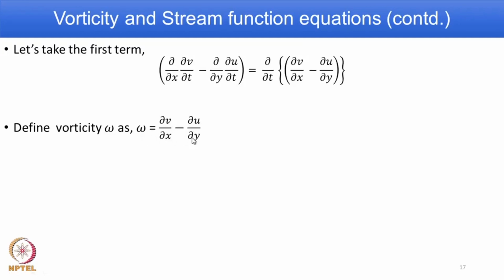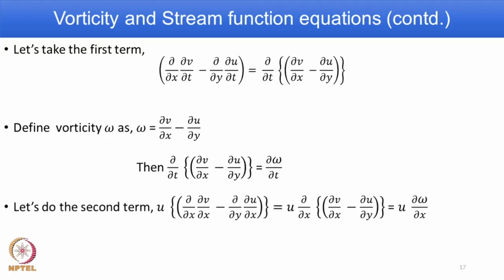So, if you substitute omega into this expression, then you get dou by dou t of omega. So, this is the first term in the vorticity transport equation, the time derivative term. We will extend this procedure for the second term, which is a convective term.